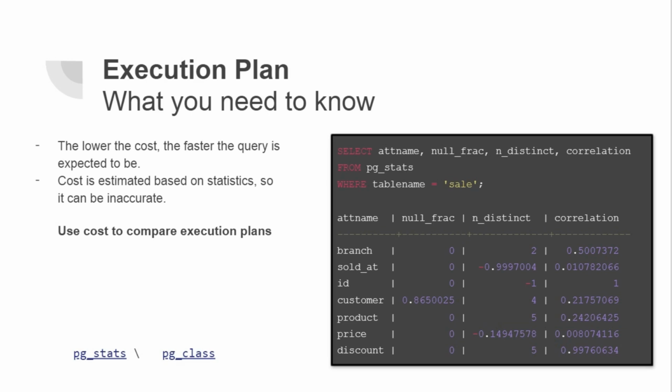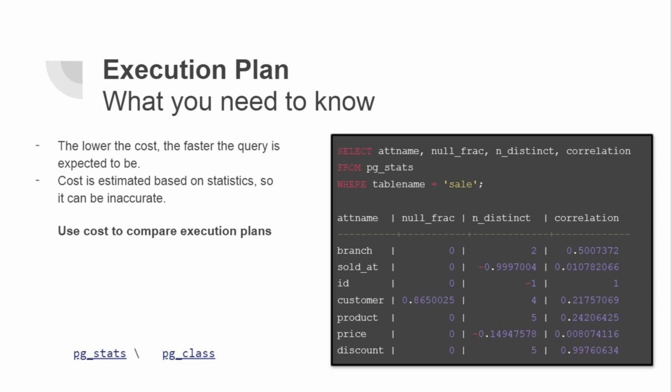Now, correlation is a bit complicated to explain, but I'll try. Correlation is an indication of how the data is organized physically according to a specific index.